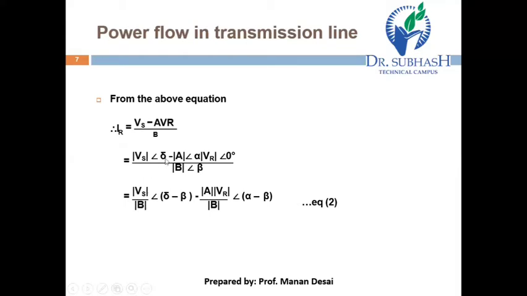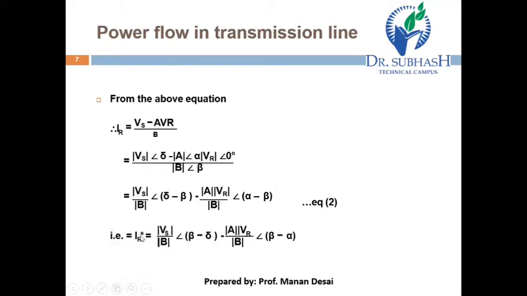After simplification, VS upon B at angle delta minus beta, minus AVR upon B at angle alpha minus beta. This is our equation 2.